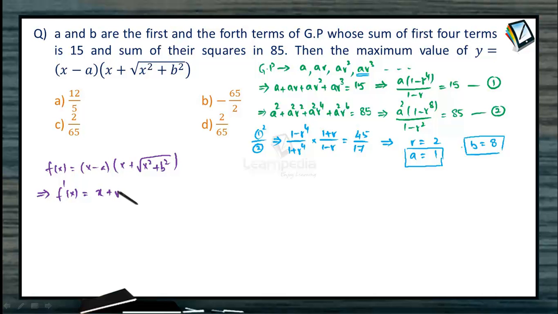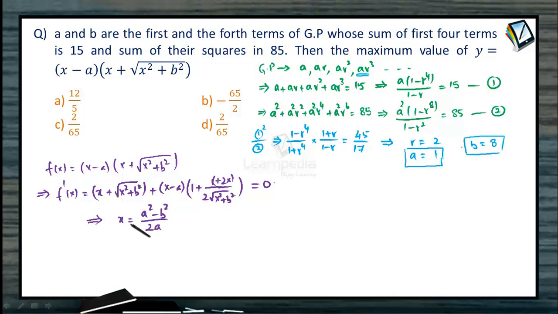So it is x plus root of x square plus b square plus x minus a as it is, into the derivative of x plus root over x square plus b square, that is 1 plus 1 by 2 root x square plus b square into 2x. And for the extreme value, this should be equal to 0. So this, when you simplify, would give us the value of x as a square minus b square by 2a.